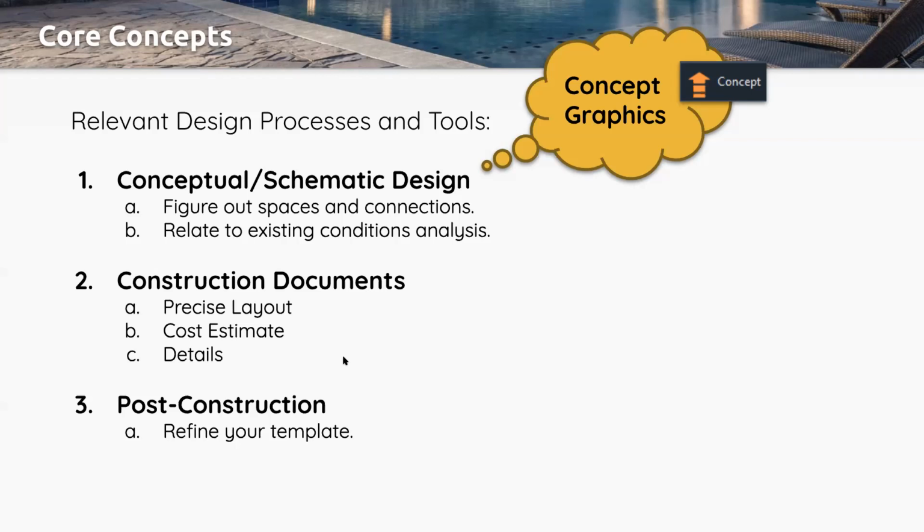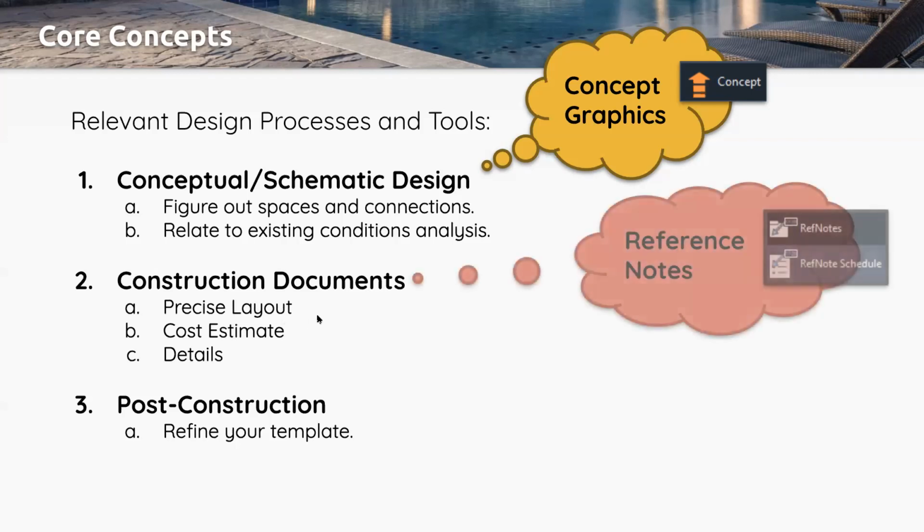So the second part, after refining that concept, you move into these construction documents. Here, you're obviously going to convert your concept areas into design areas and objects, and you're going to use reference notes for this. Now the savvy designer, and I hope you're all savvy designers along with me, will then link these to details, a cost estimate, maybe start labeling and scheduling.